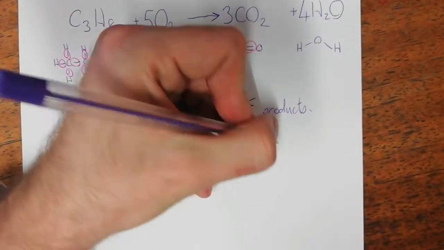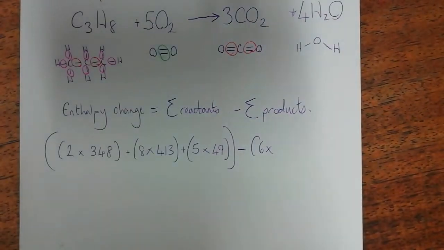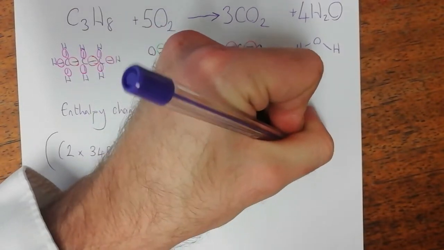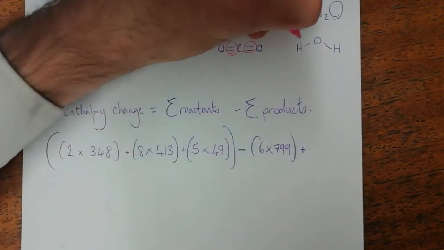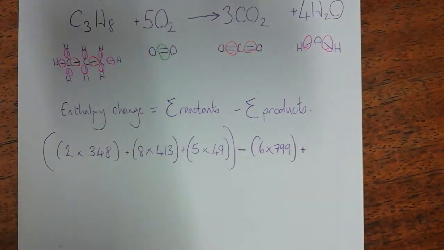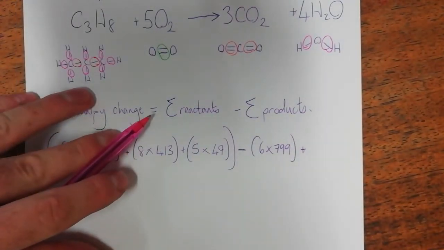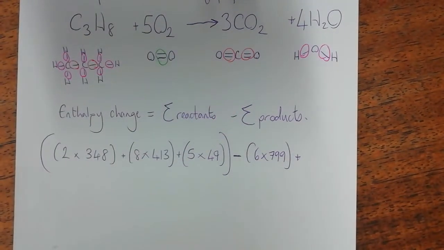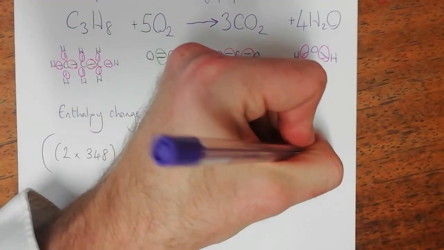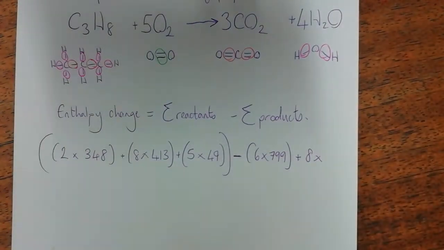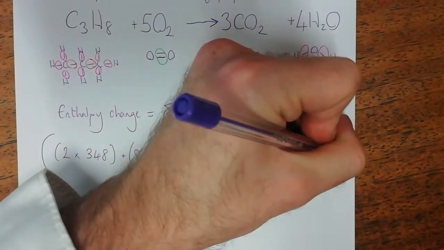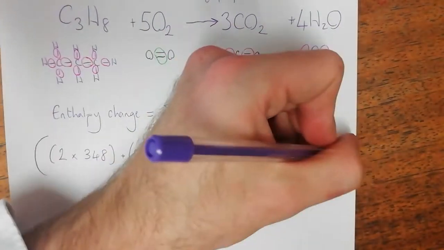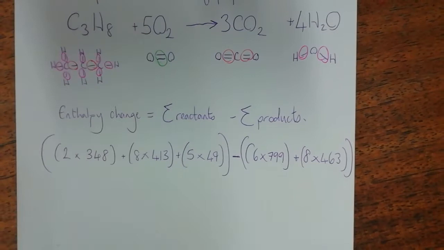So 6 times your carbon-oxygen double bond, which is 799, plus I've now got 2 O to H single bonds, but again there are 4 of these molecules, so 2 times 4 is 8 of those, so I've got 8 times, and your oxygen hydrogen is 463 kilojoules per mole. Again, I want the sum of all those products, so I'm going to put big brackets around that whole thing.